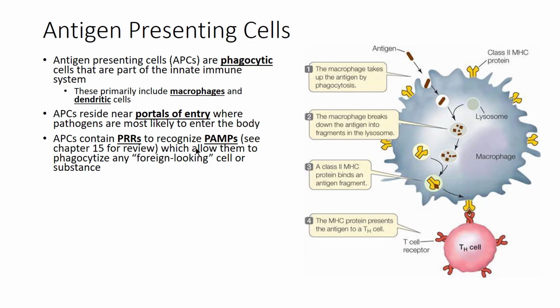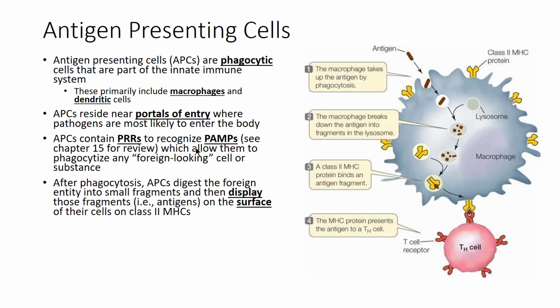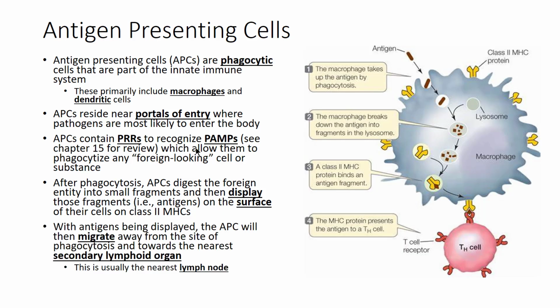Now, they recognize general foreign pathogens, break them down, but then end up displaying very specific parts of the pathogen on the surface of their cells. That then means that highly specific parts will end up being needed later to activate T cells. And I'll try to make more sense of that.